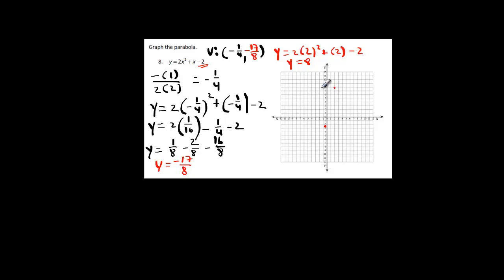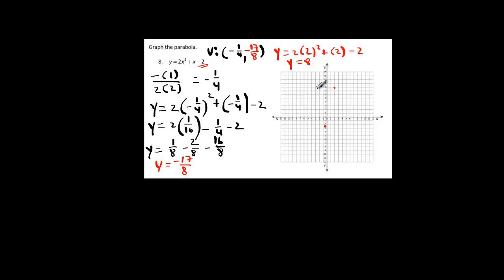Now for symmetry, remember this is at negative 1/4. So this point is 2 1/4 to the right. So from negative 1/4 I have to go 2 1/4 to the left. So if I subtract 2 1/4 from negative 1/4, because that's where I'm at right now, I'm going to be at negative 2.5.